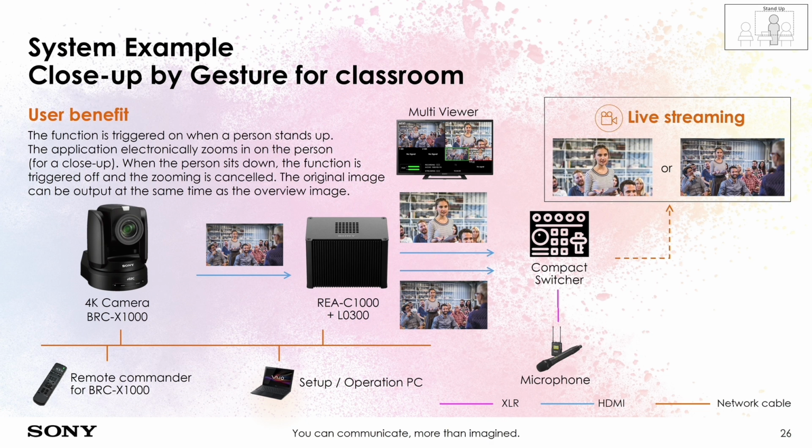From one stream from the PTZ camera, the box generates two different streams, the close-up video and the whole view video. And with a compact switcher after the REC-1000, we can distribute to live streaming the close-up view or the whole view.